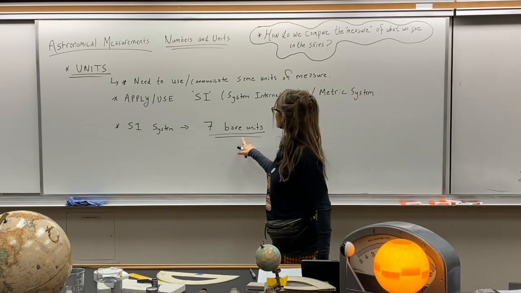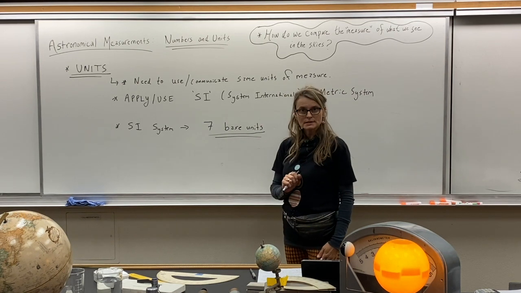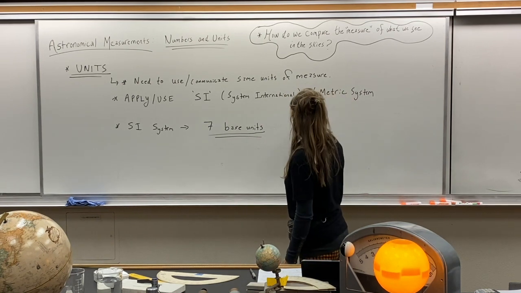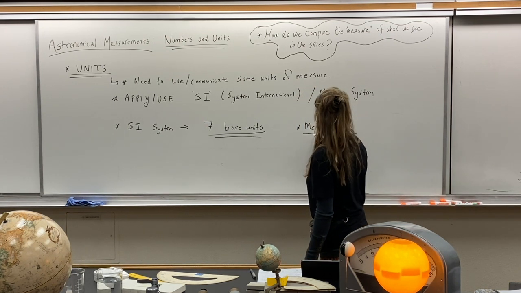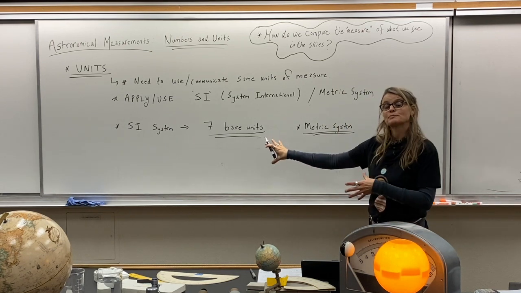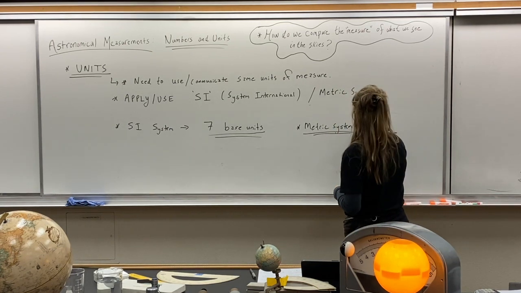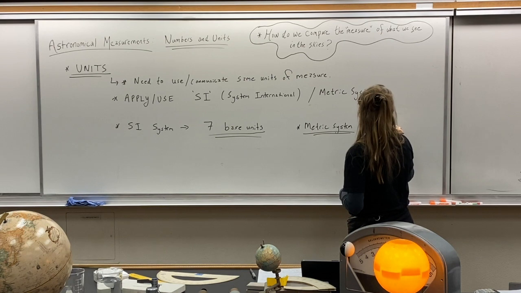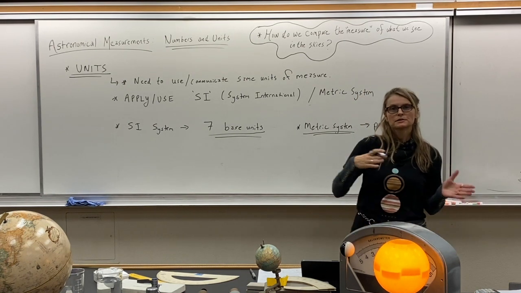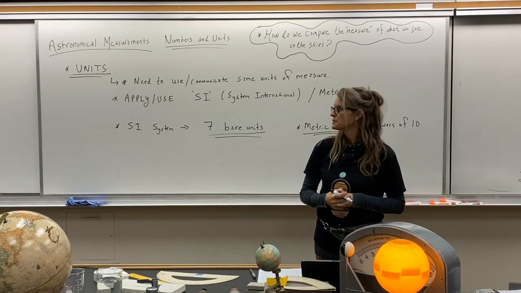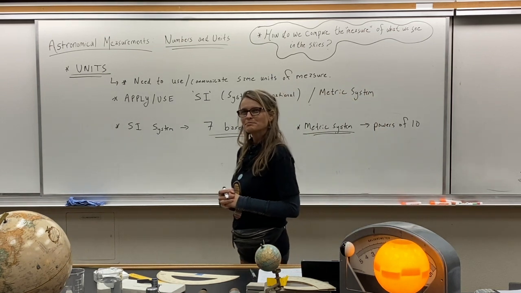So the SI system has 7 base units, and the metric system, which uses those base units, uses powers of 10 that we use to do our conversions in between. So what are these base units?